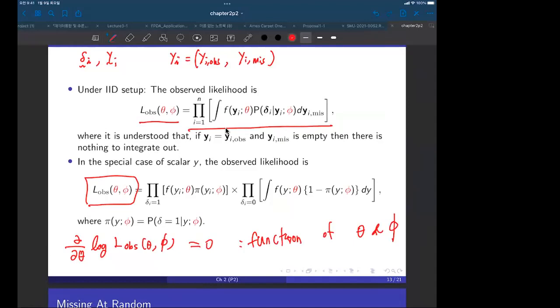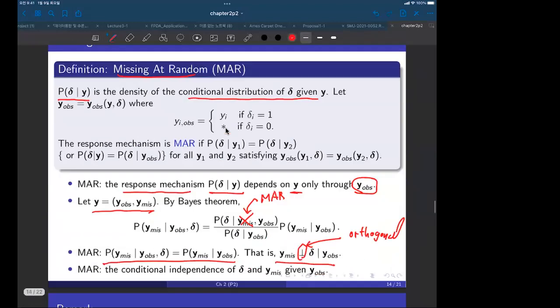Here in the first term, theta and phi are a product, so they can be separated, but here they cannot be really separated because of the integration, right?